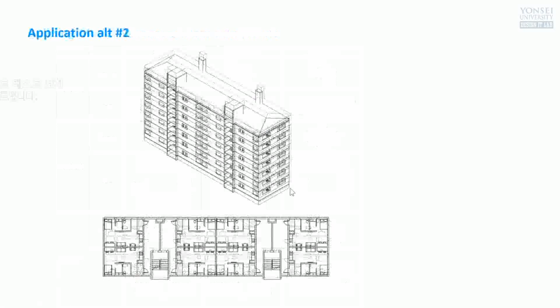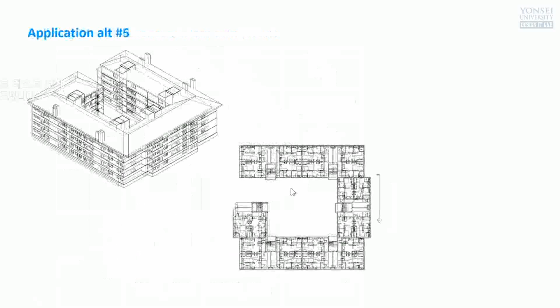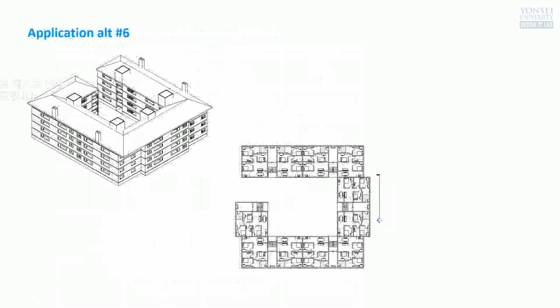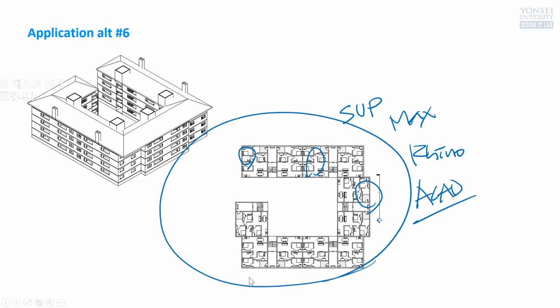So you saw that, right? Many design alternatives, as you see here. Unit A, Unit B, Unit C, and so on. Take a look. What if I use SketchUp, Max, Rhino, or AutoCAD for generating this one?